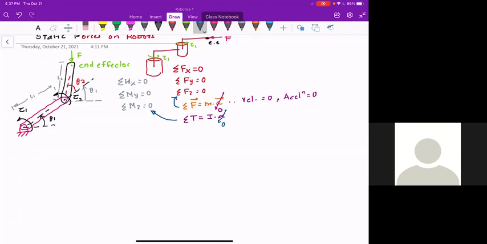Now, how do we solve a problem like this? If you look at the way the problem is specified, this is like a truss problem that we solve in mechanics of material. And all of you have seen a problem something like this.